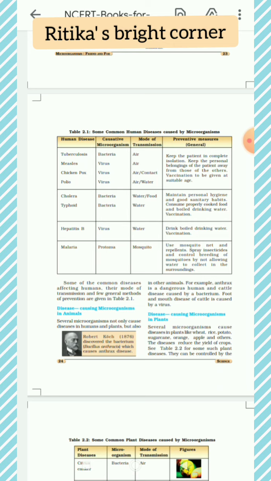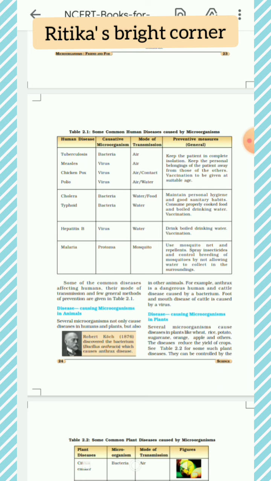The next human disease is cholera. Cholera is caused by bacteria and spreads through water or food. Now, typhoid is also a bacterial disease, and its mode of transmission is water.